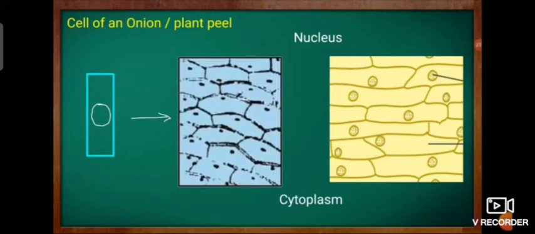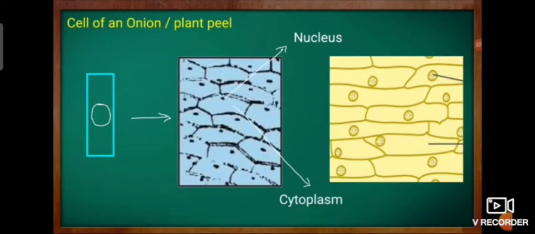So if you take an onion peel or any kind of plant peel under the microscope, you can find this kind of compartmental structure. And you can see very clearly a dot-like, dark-colored, round-shaped thing inside every chamber, and that is the main important thing known as the nucleus of a cell.